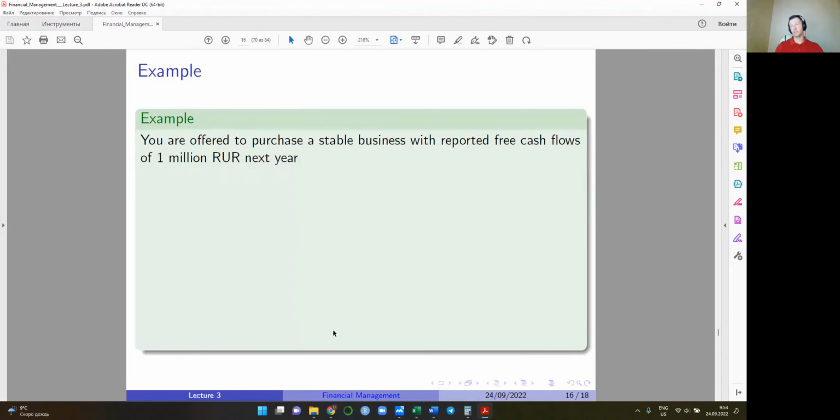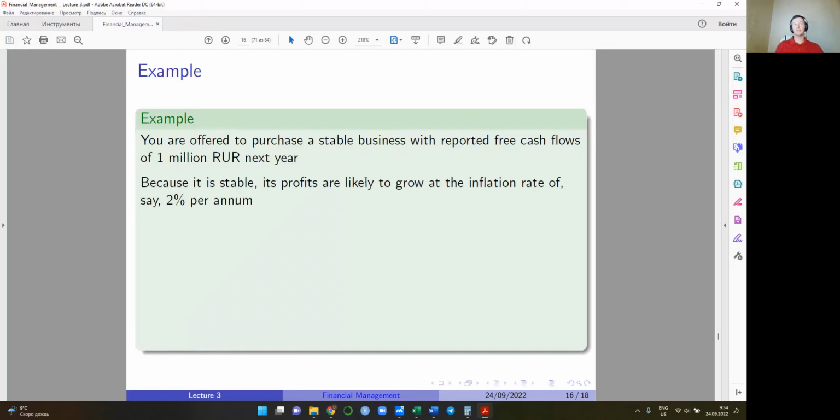And the usual practical application of this growing perpetuity is the following. You're offered to purchase a stable business with reported free cash flows of 1 million rubles next year. So next year, you can receive a cash flow of 1 million rubles. Because the business is stable, the profits are likely to grow at the inflation rate of, for example, 2% per annum.